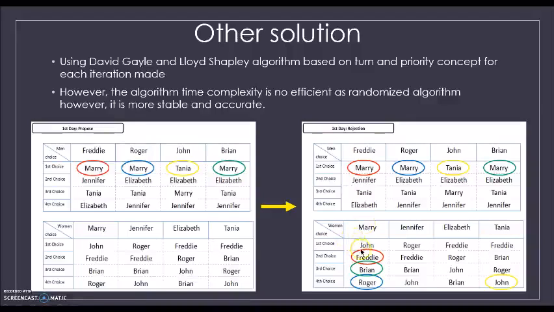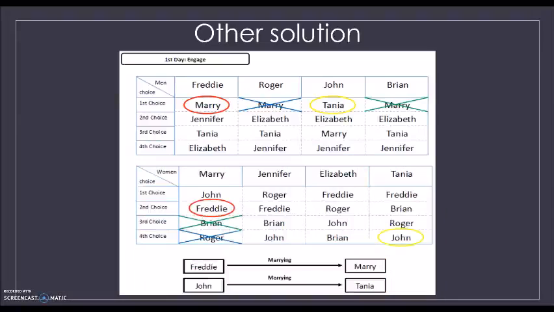This is the problem. So, of course, Mary will have to choose one of them. And Mary chooses Freddie because Freddie is her second choice compared to the others, third and fourth. So here we can see only Freddie and Mary got engaged, and John and Tanya.